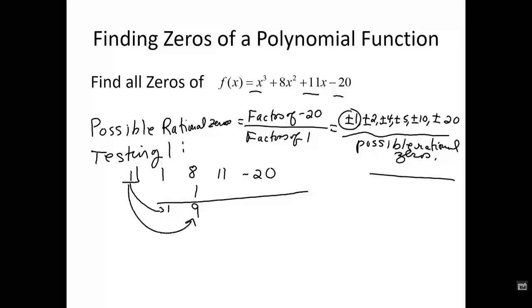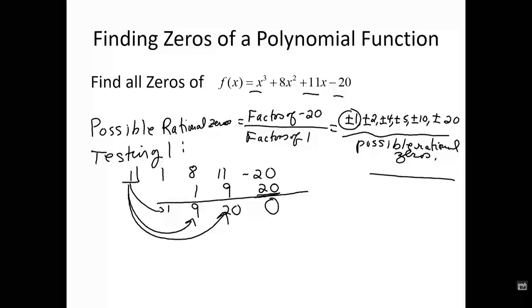1 times 9 is 9. 9 plus 11 is 20. 1 times 20 is 20. And now when we add, positive 20 plus negative 20 is 0.